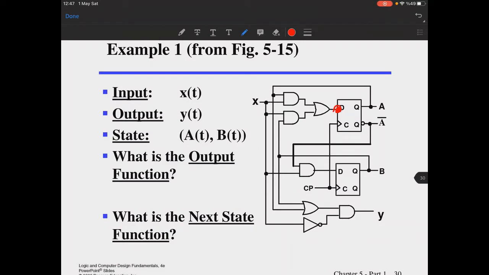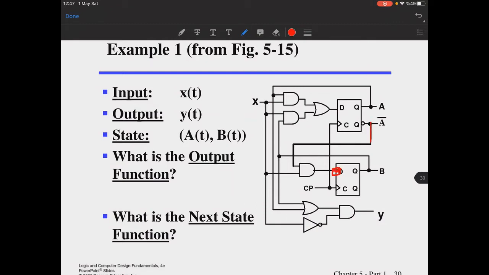It is your x A(t), or this one x(t) B(t). All right.